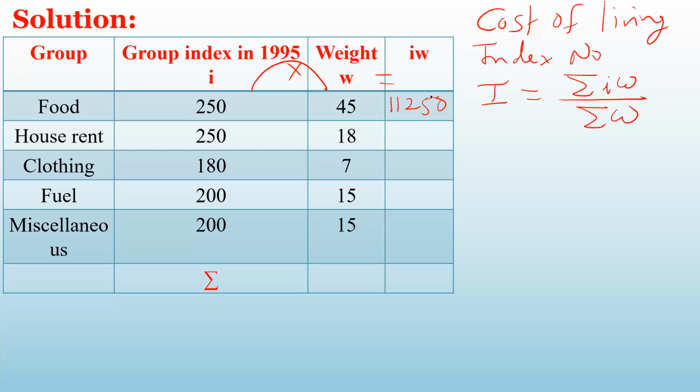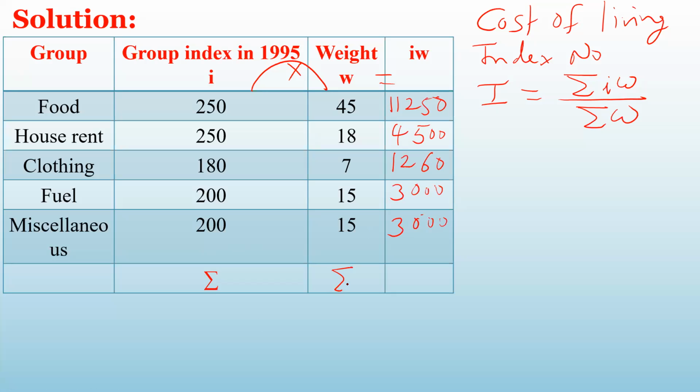The next one, 250 into 18. That gives you 4,500. Third one, 180 into 7. That gives you 1,260. Next is 200 into 15. That is 3,000. The last one is also 200 into 15. So this figure is also 3,000.